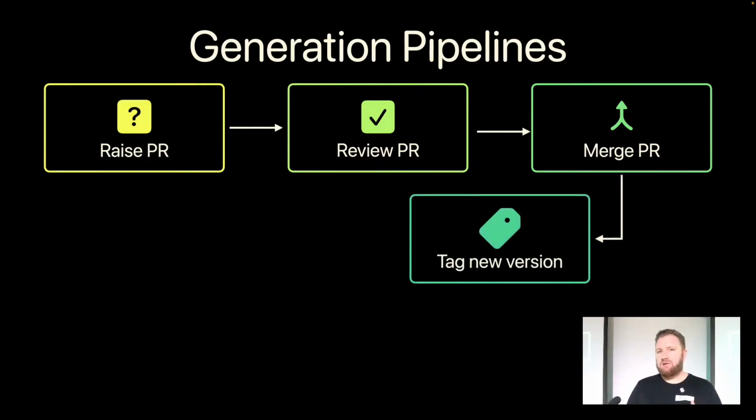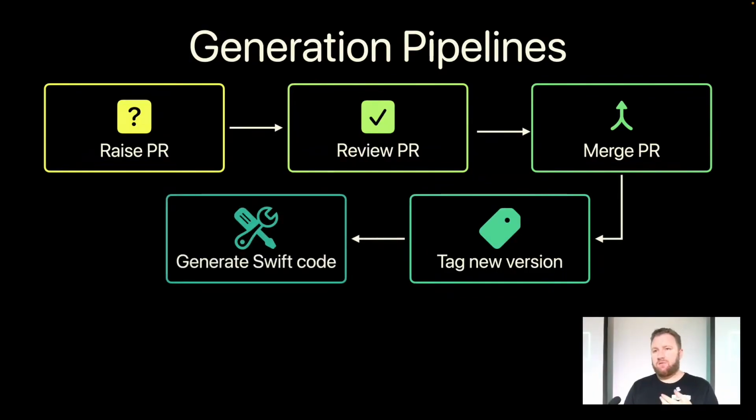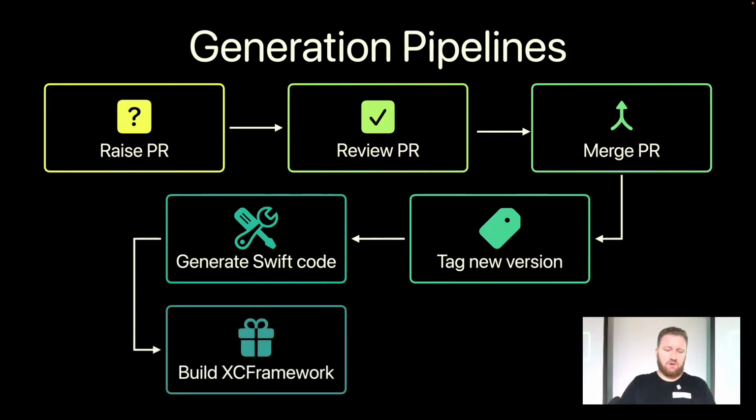From there, we tag a new version of the API, kick off a workflow to generate the Swift code using Apple's Swift protobuf framework, and the gRPC generation tools as well. We wrap that up into a binary XCFramework. This is usually the heavy compilation step because it involves compiling Swift NIO, and nobody likes that. But CI does that, and not you on your Mac.